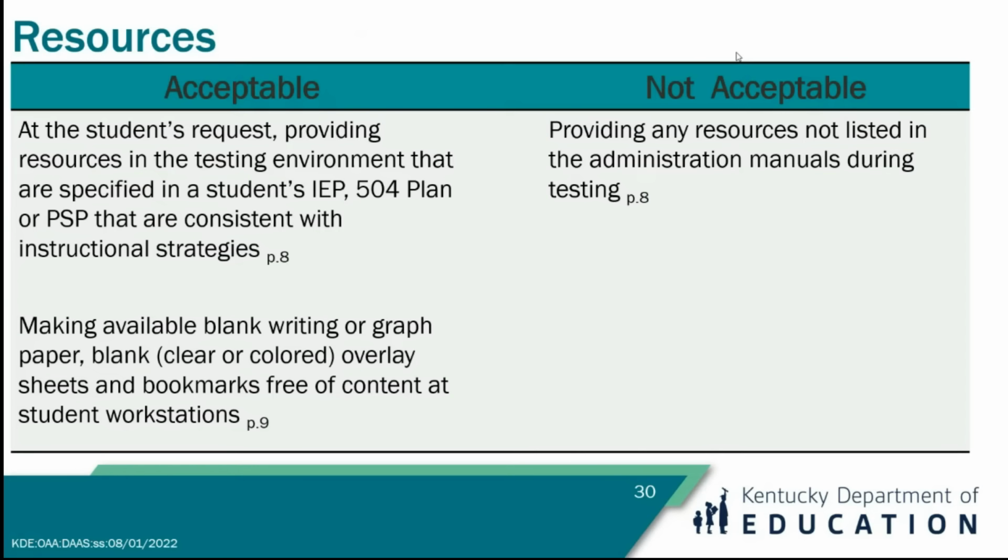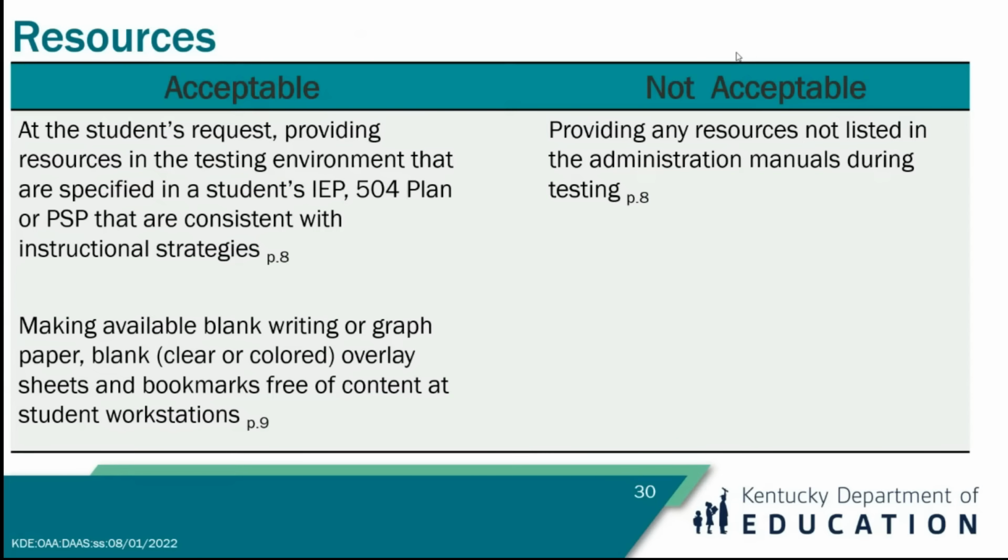Examples of not acceptable resources include copies of acronym sheets or sheets of paper containing a system for organizing answers, test booklets, computer tools, or other reference resources. This includes printed copies of writing rubrics.